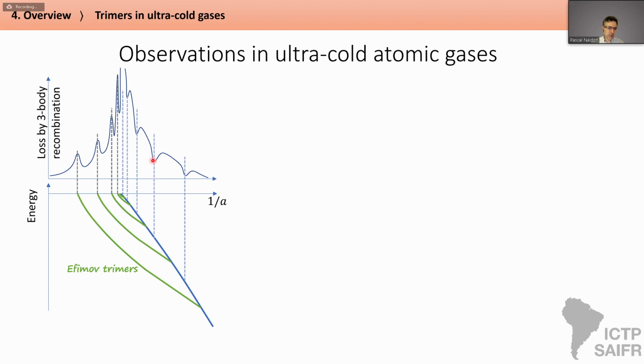And that corresponds to some kind of interference in the pathways of these three particles colliding. There are two pathways. They can either collide and go back immediately, or they can go to shorter distances and then go back.